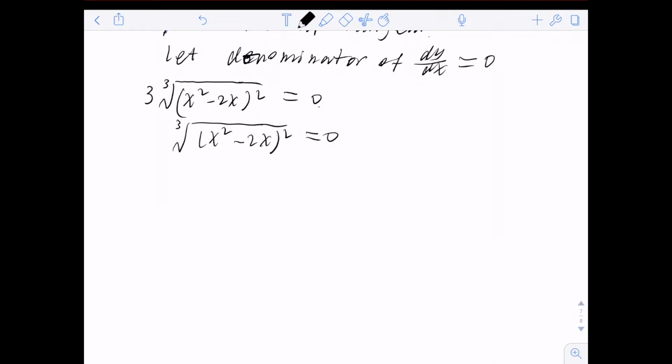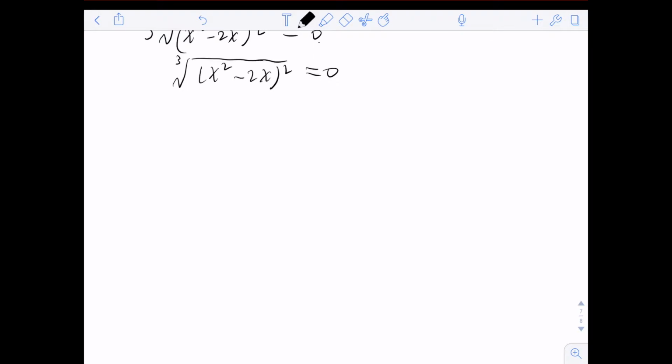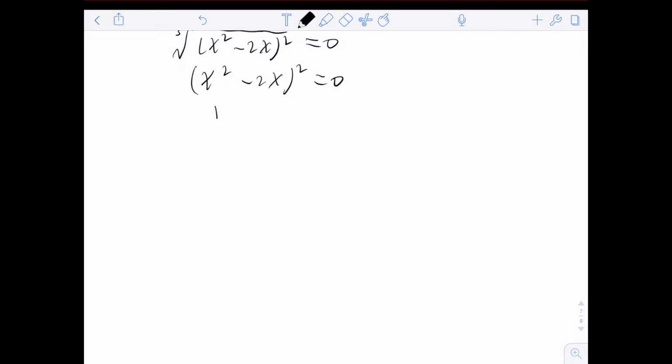Looks still pretty big, so what I do is cube both sides and get rid of the cubic root. For the number after being squared to be 0, the number itself must be 0. So then I can factorize the x out. I get x times (x minus 2) equal to 0.